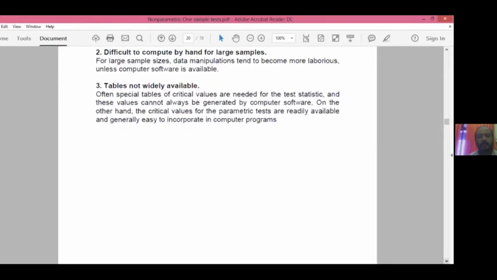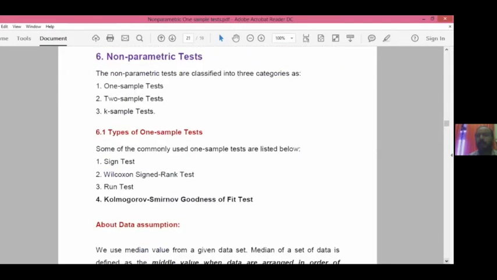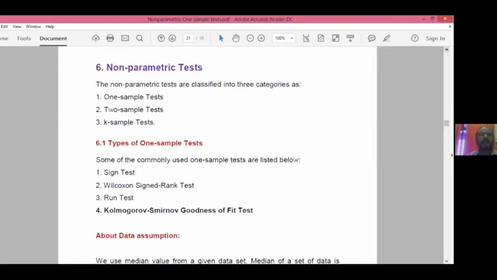Now I come to the main goal of today's lecture, non-parametric tests. Non-parametric tests are classified into three categories: one sample test, two sample test, and k sample test. So you may have one set of sample, or two sets of samples, or k sets of samples.